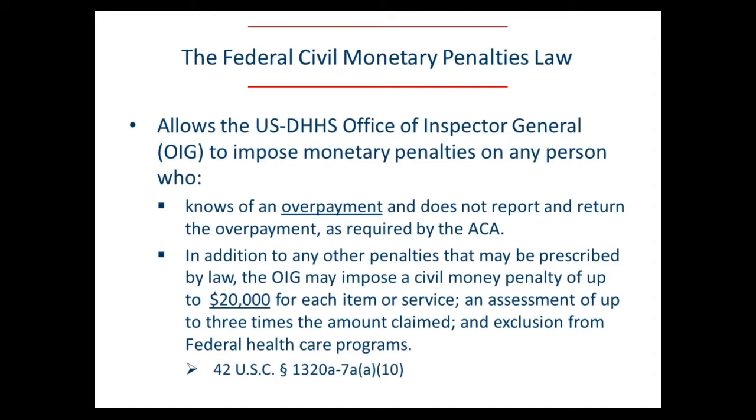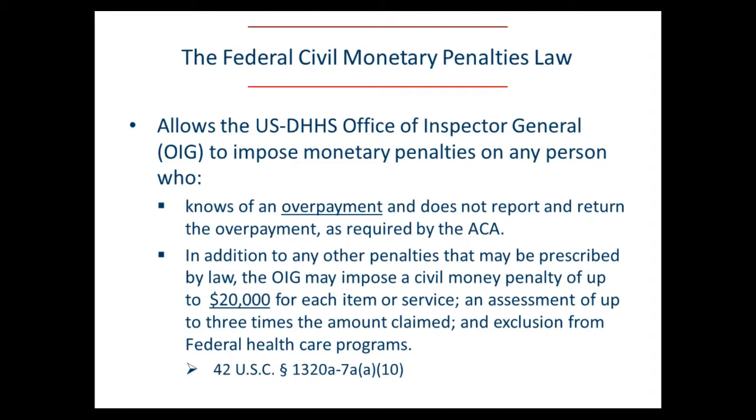As we previously referenced, there are a number of potential consequences for not returning overpayments. One of them on the federal side is the Federal Civil Monetary Penalties Law. Under this, the United States Department of Health and Human Services, Office of the Inspector General, the OIG, can impose monetary penalties on any person who knows of an overpayment and does not report and return the overpayment as required by the ACA.